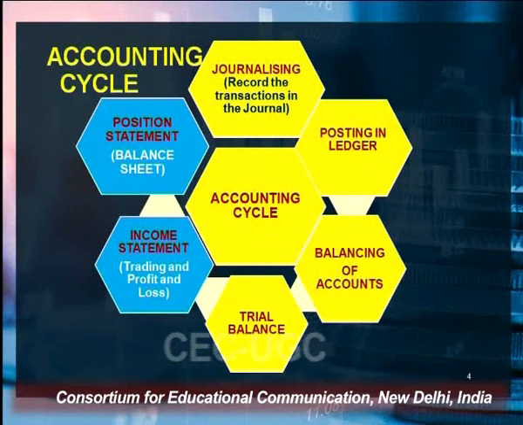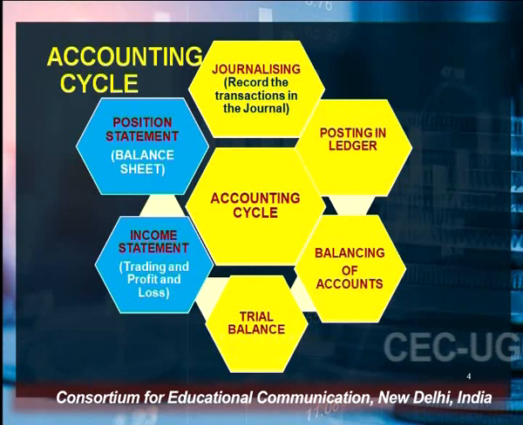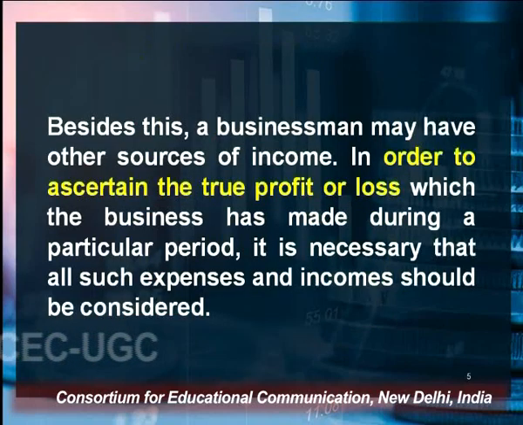One is income statement and one is position statement. This income statement includes two accounts, that is trading account and profit and loss account. And we already talked about this trading account in our previous lecture. In today's lecture, we are going to talk about the profit and loss account.